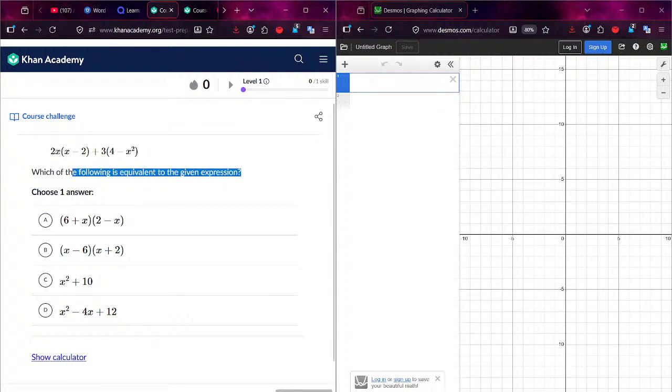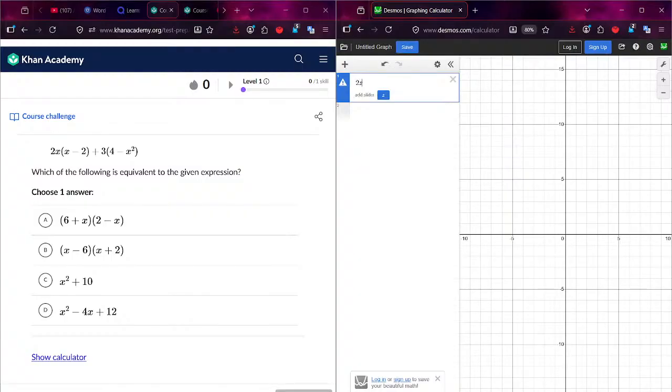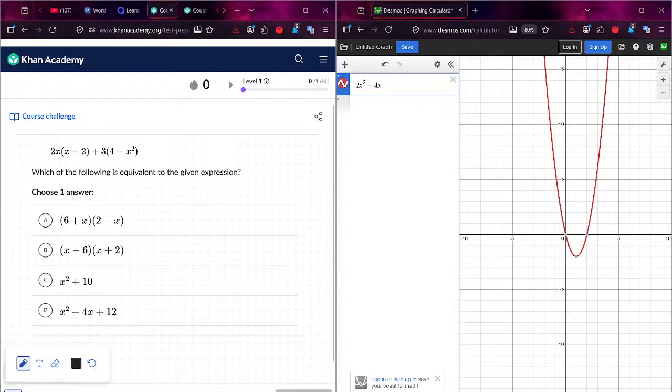What's equivalent to the given expression? So this is a problem where you just have to do the algebra here. 2x squared minus 4x. So that's taking this and multiplying it by these two.